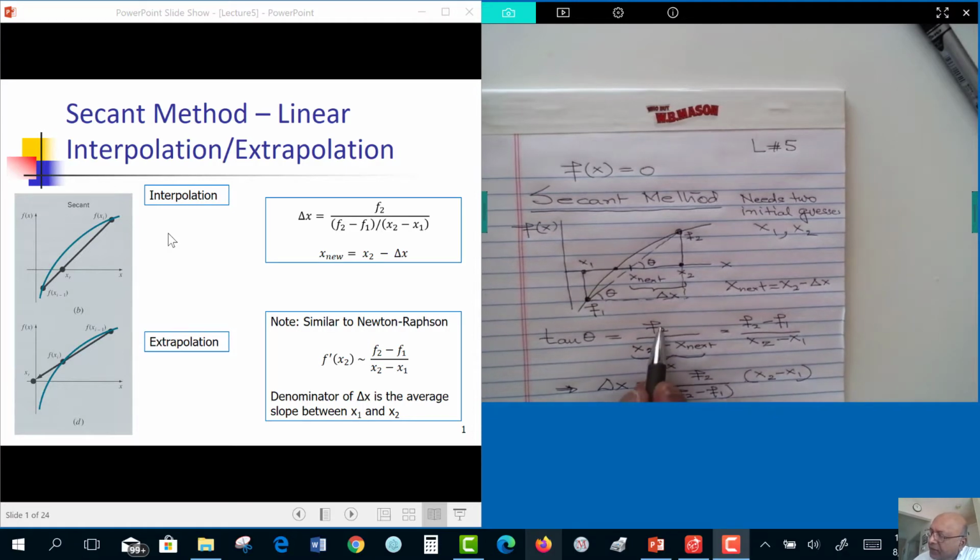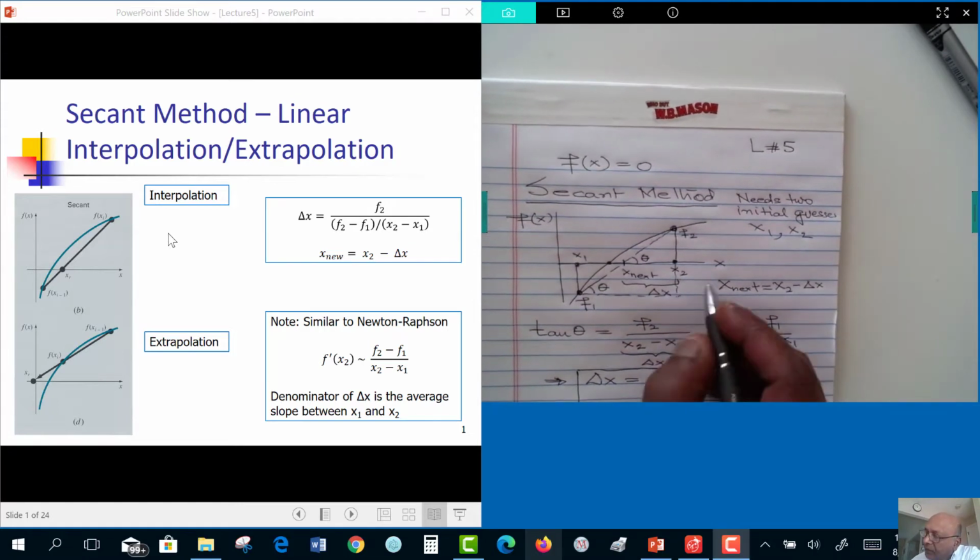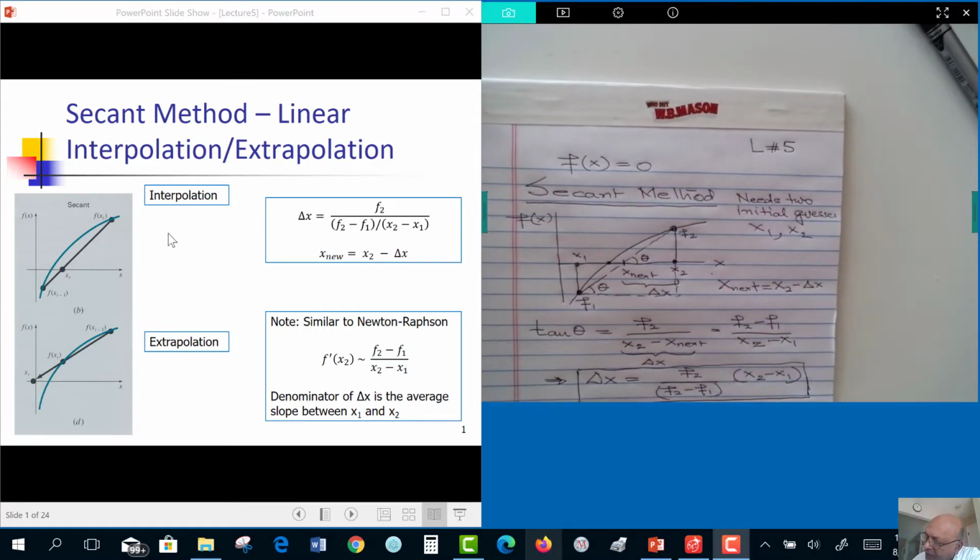So we take this here, we are just doing the diagonal exchanges. So this becomes our delta x from secant method. Okay. So all we know is x new is x2 minus delta x.